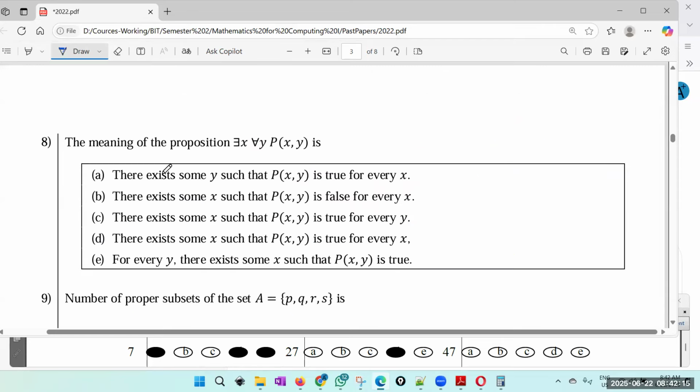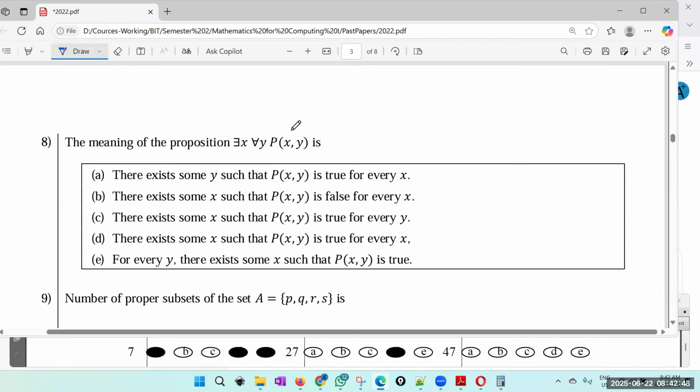Right, eighth question. The meaning of the proposition exists x, for all y, P(x,y) is, that means for at least one x, and for that x, for all y, this must be true.